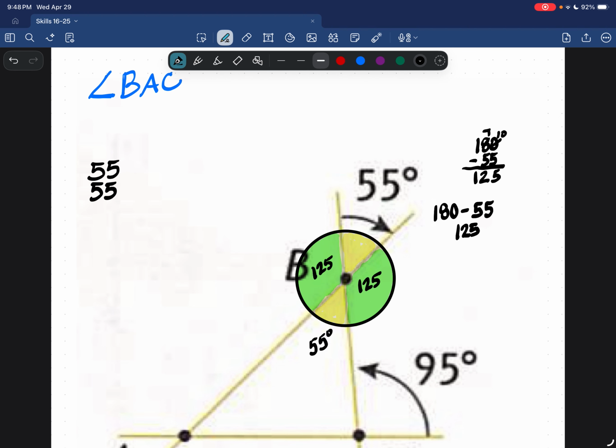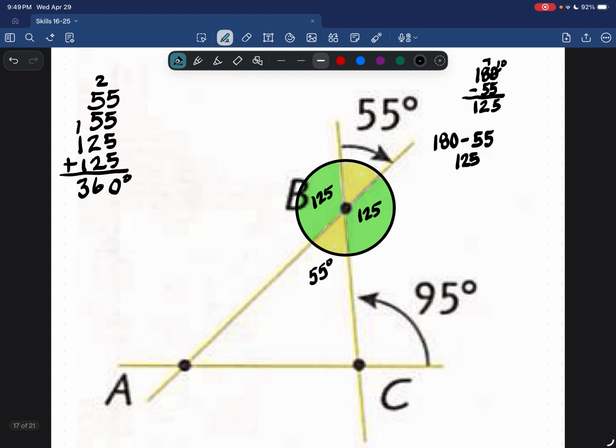Those are my two yellow sectors. And then I have a 125 and a 125. So that's 20, 5 and 5, 10, 12, 13, 14, 15, 16, and 360. That is the full circle.